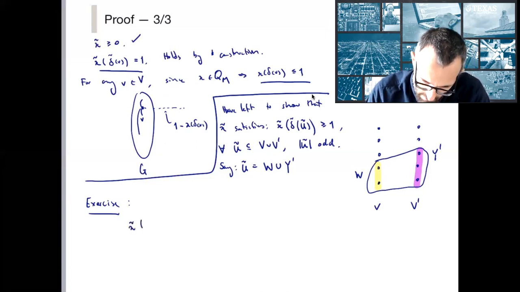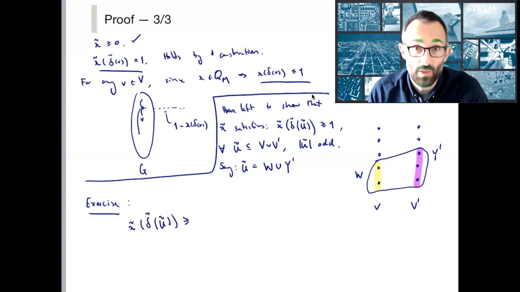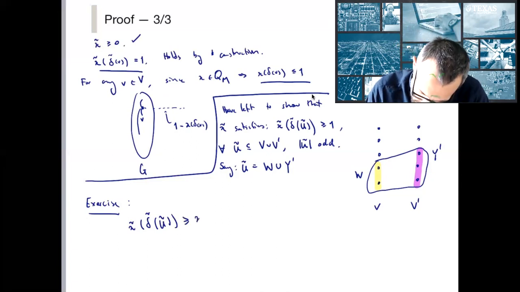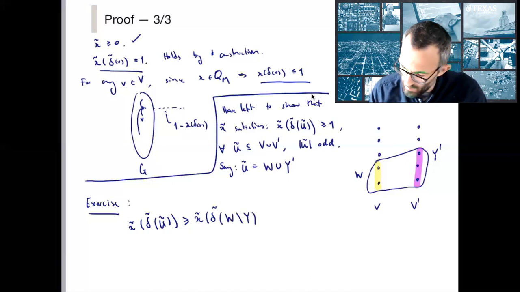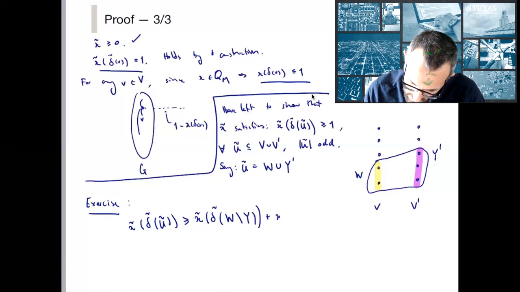X tilde of delta tilde of u tilde is greater than or equal to x tilde of delta tilde of w minus y. In our example here, w minus y is the empty set, plus x tilde of delta tilde of the reverse, y dash minus w dash.